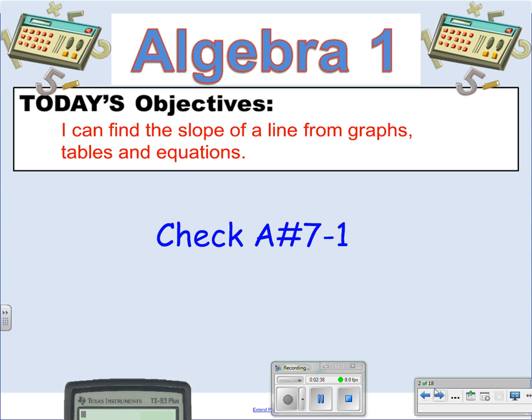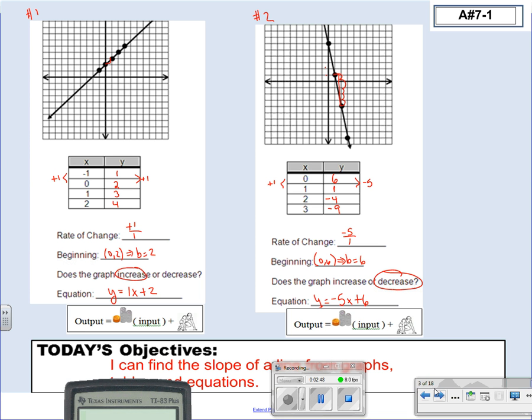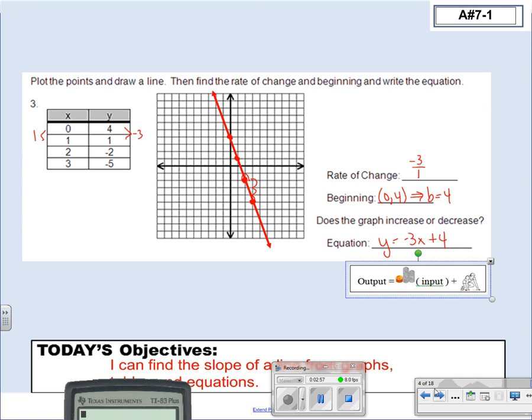I'm going to briefly put up the answers to assignment 7-1 so you can check them. If you need to, pause the recording in order to see the answers for longer. Here's problem 1 and 2. Again, using the graph or the table to come up with our equation. Problem 3, using the table, making a graph, and then coming up with our equation.